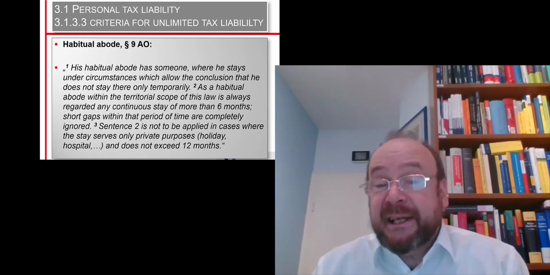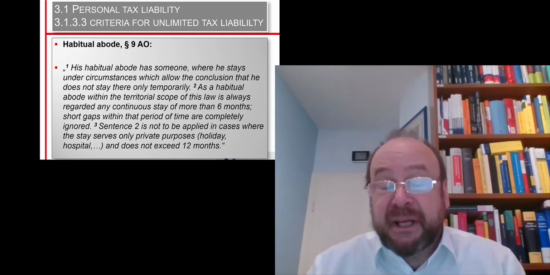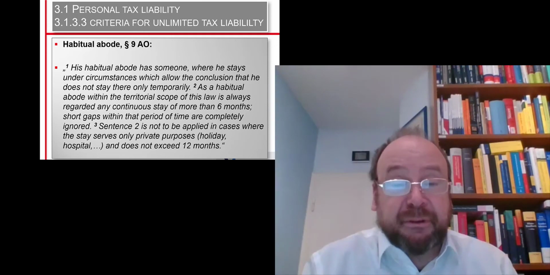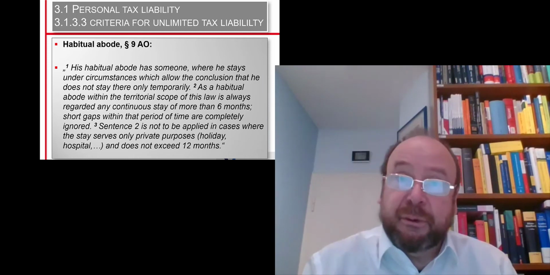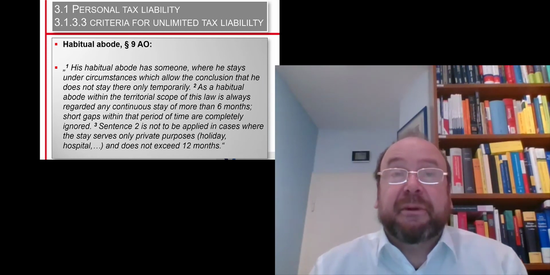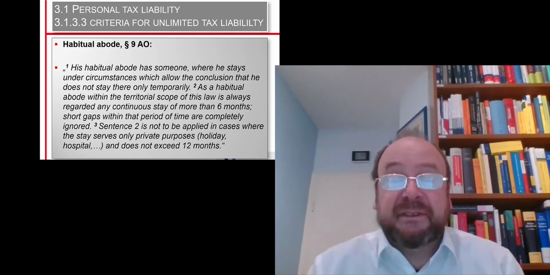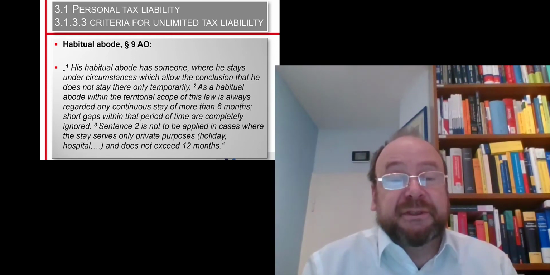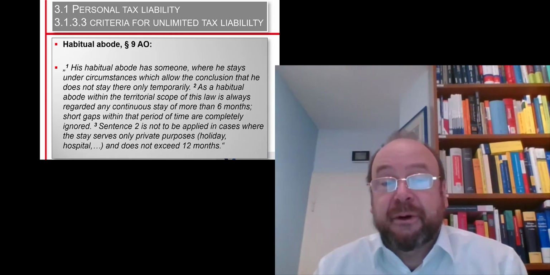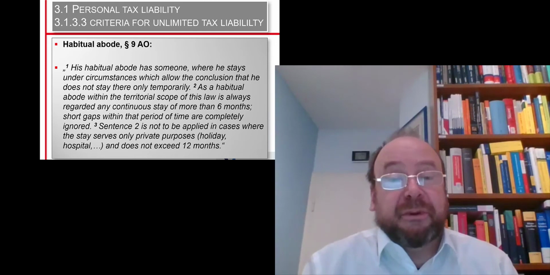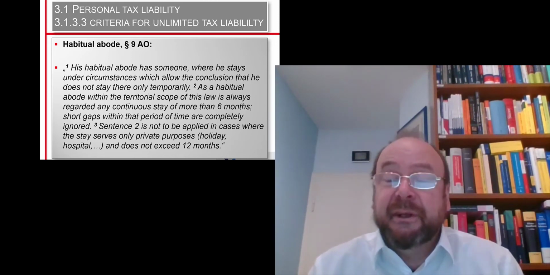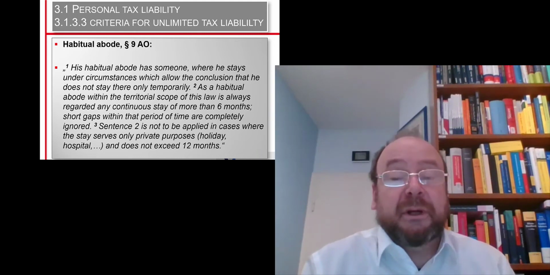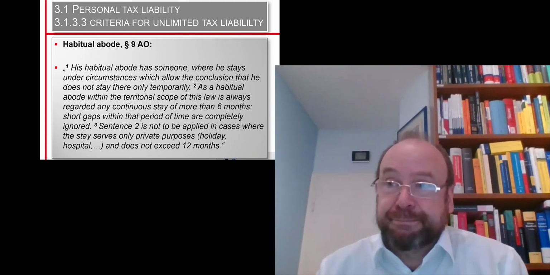Now, many cases which we have mentioned before would probably end up in the habitual abode if we have no residence here. For example, the cabin on a ship. If it's a German ship, it was not a residence because it's not your home, but a German ship is German territory, and so you stay on German territory if you are the captain, perhaps for more than 6 months.